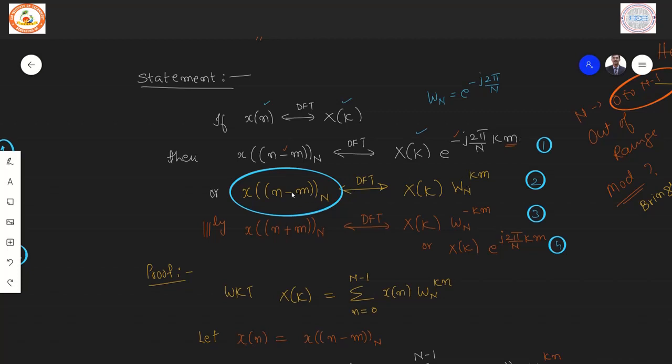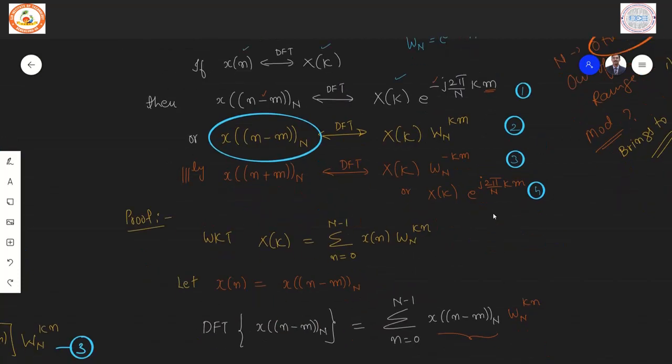It will be opposite. So if you have minus here, please remember it will be plus over here. Again the amount of shift is nothing but m, so we have km as a power. So we can remember this property in this fashion. Automatically it is implied that if the sign here is changed, the sign in the exponent and the twiddle factor form will also change accordingly.